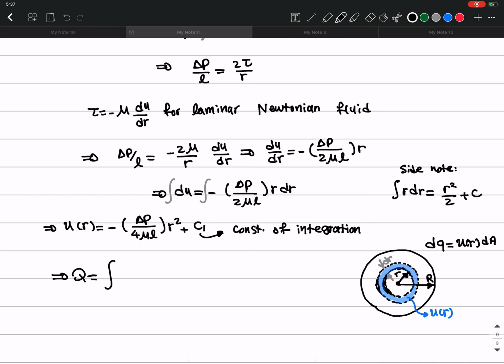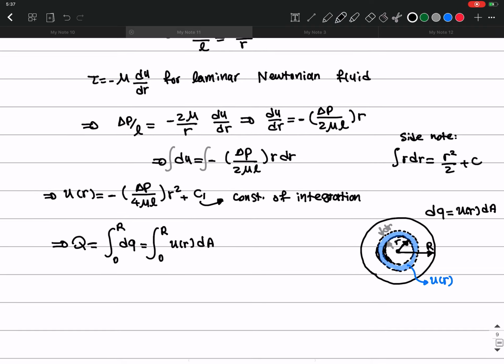Okay, so now I want to find the total flow rate, so I have to integrate over the whole domain. So all of these small dQ's from 0 to R, which is going to be the integral from 0 to R of u_r times dA. Okay, and what is dA? Let's now calculate dA.